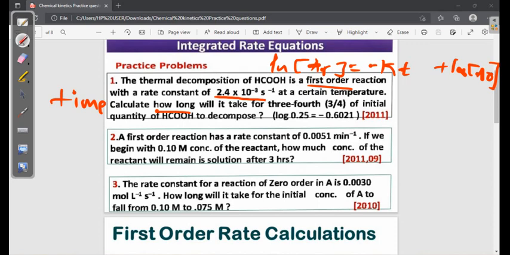That's very important for you to understand. How long will it take for 3/4 of the initial quantity to decompose? So you don't have any values of the initial and the final. What are we going to do? Using the 3/4.